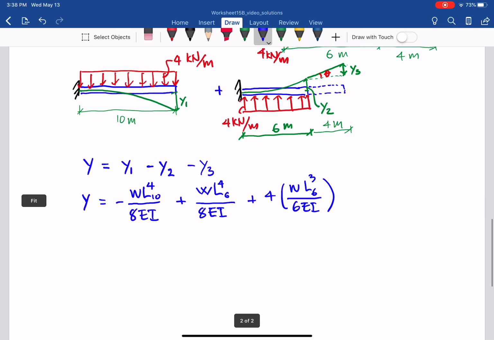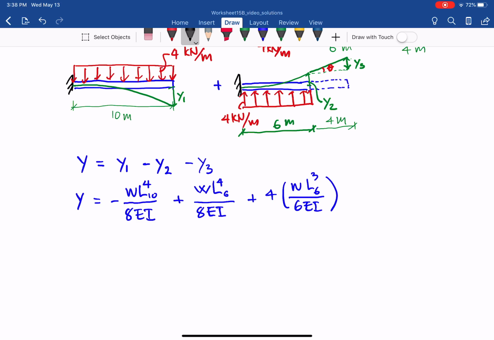And from that we can plug in the equation here.